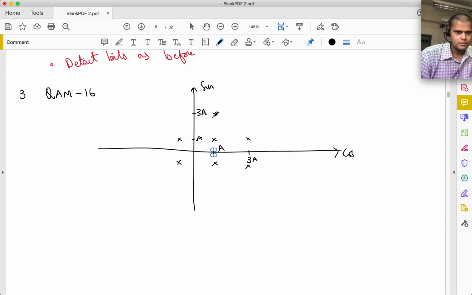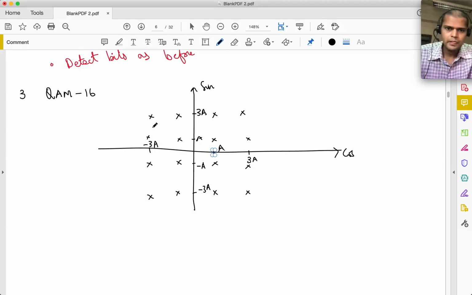I will send out these. This is minus A and this is minus 3A. So I have 4 constellation points in each quadrant.